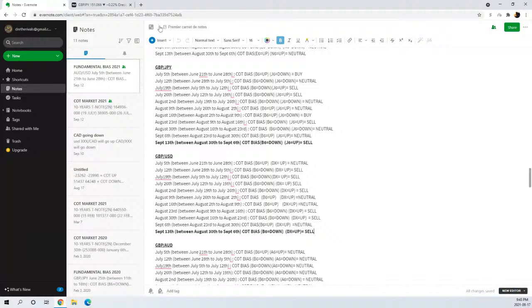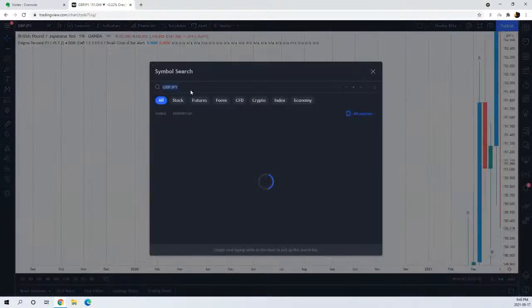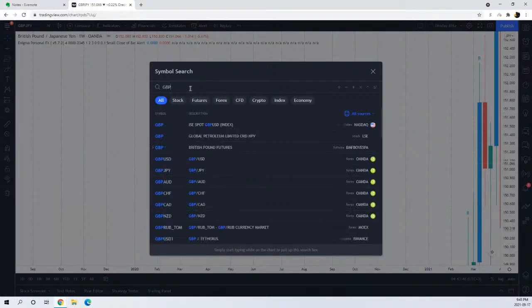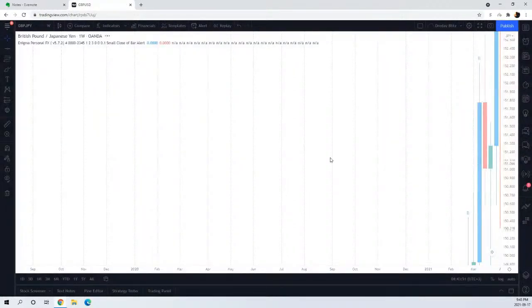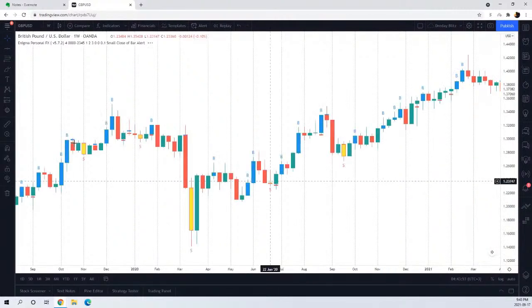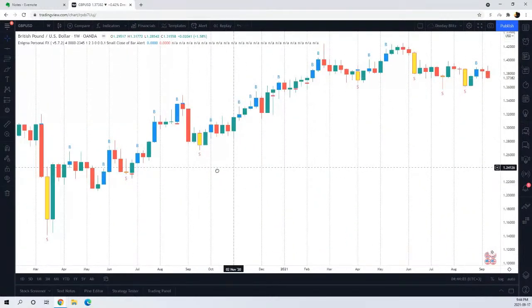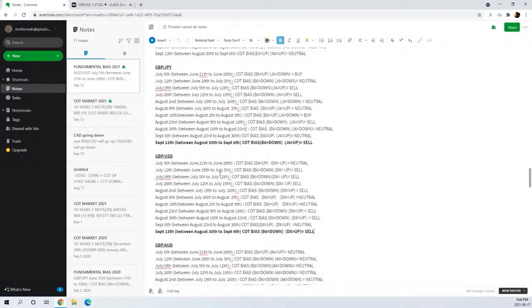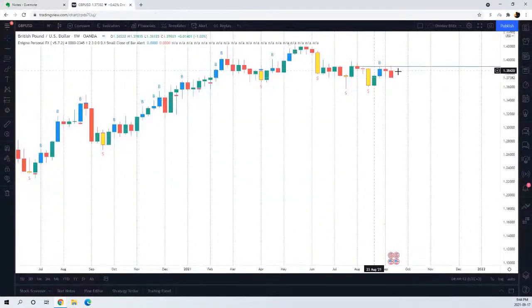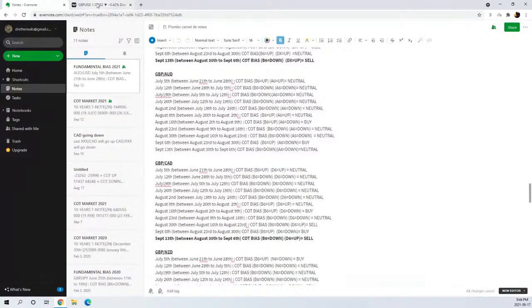Okay, so GBP USD. GBP USD sell. That's a weekly candle. It sold off. Okay. GBP CAD.